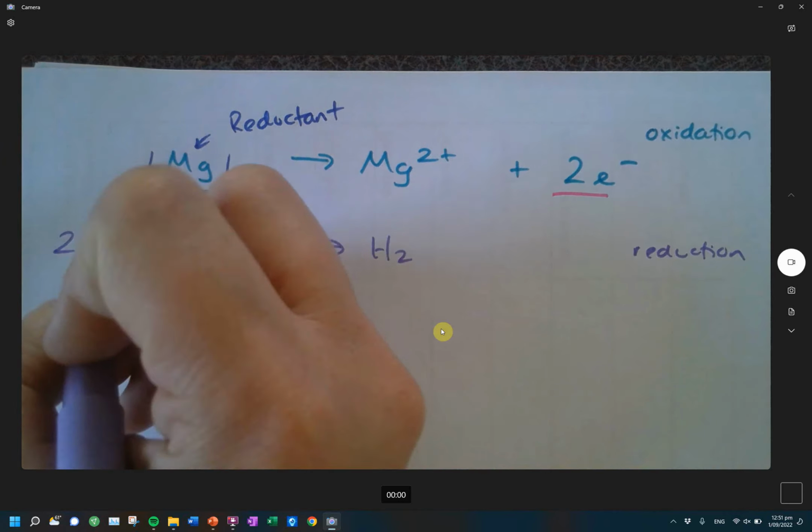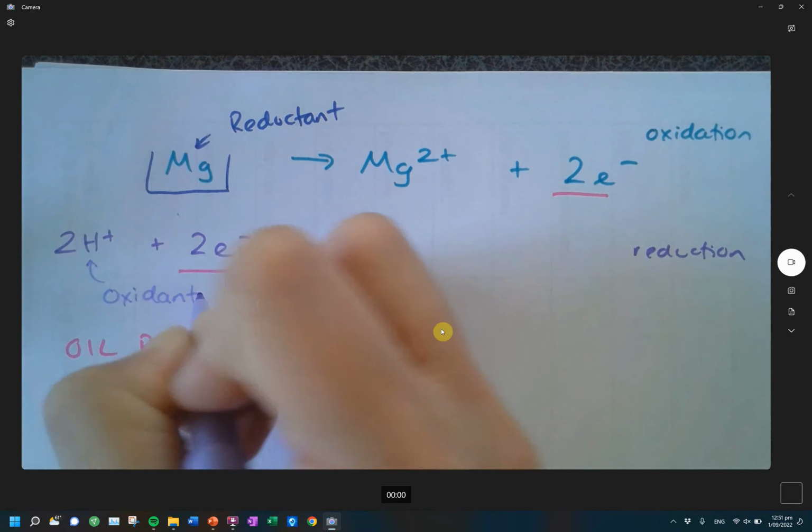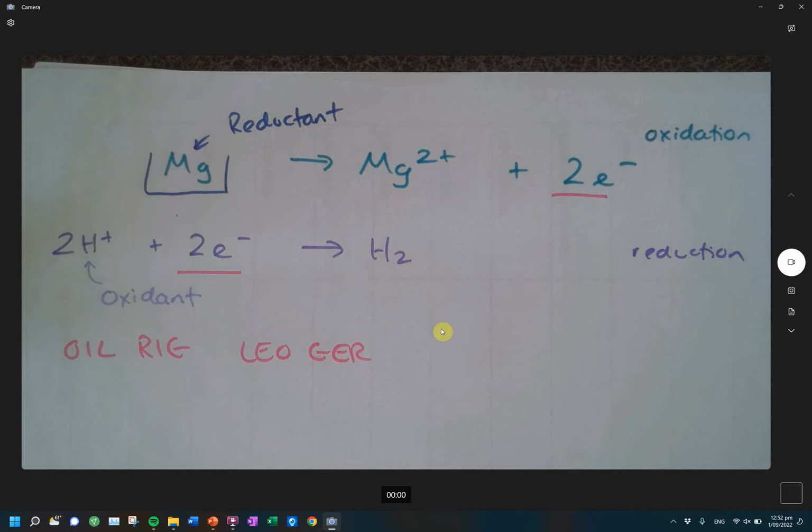So that makes the hydrogen the oxidant. The hydrogen ion is oxidizing the magnesium. That's why we call it the oxidant. It's the strange way with the vocabulary. It just swaps around. All right? It wasn't my call. It makes sense, though, when you think about it in that way of what it's doing to the other half. Sure? Are we okay with that?